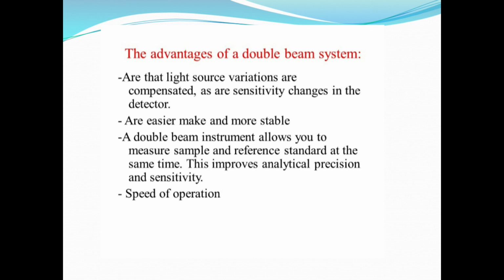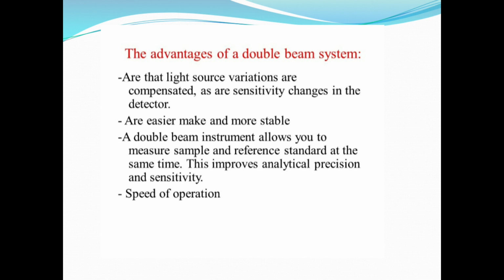Advantages of the double beam spectrophotometer are that light source variations are compensated, as it has sensitive changes in the detector. That means the light source is mainly filtered by the sample solution, which makes it more stable and gives a stable result.